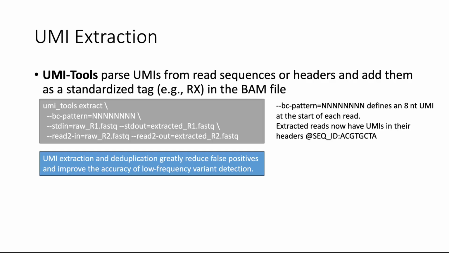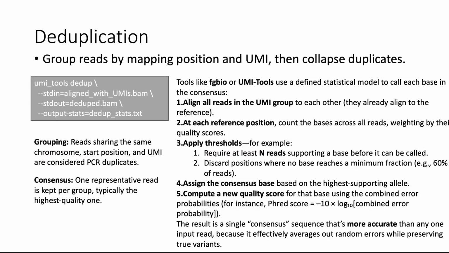But before that, we'll need to store these UMI identifiers somehow, and we can use tools like the UMI-tools package, which allows us to extract this UMI sequence and add it as a tag in a resulting file for each read. As a next step, we can use deduplication.